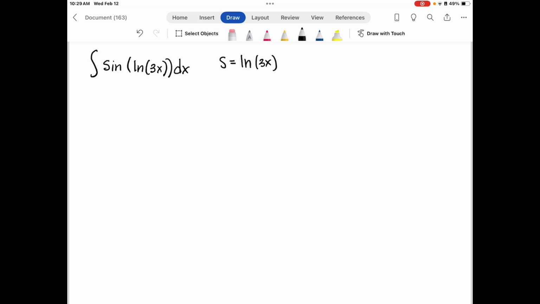So that means ds is going to be 1 over 3x, and then using the chain rule times 3, and then dx. Now I can simplify this by writing ds is equal to 1 over x dx.